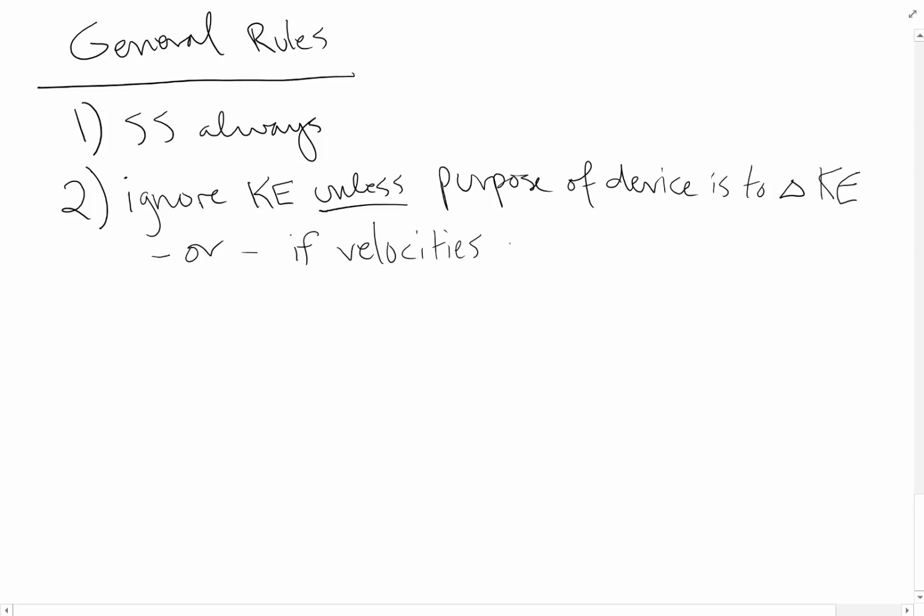If you know the velocities, you might as well use them, but otherwise you can ignore kinetic energy unless the purpose of the device is to change or utilize the kinetic energy.